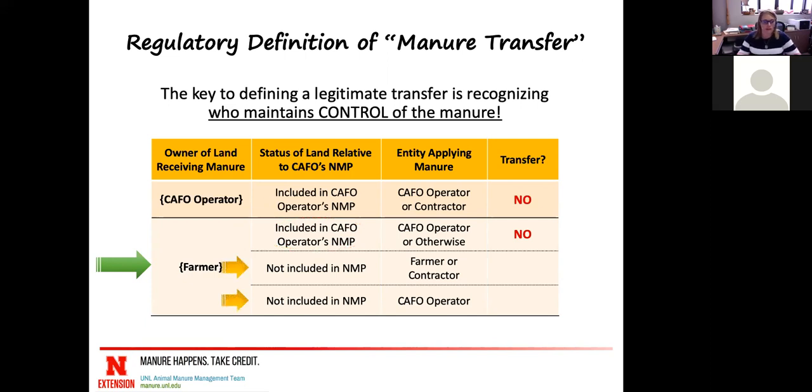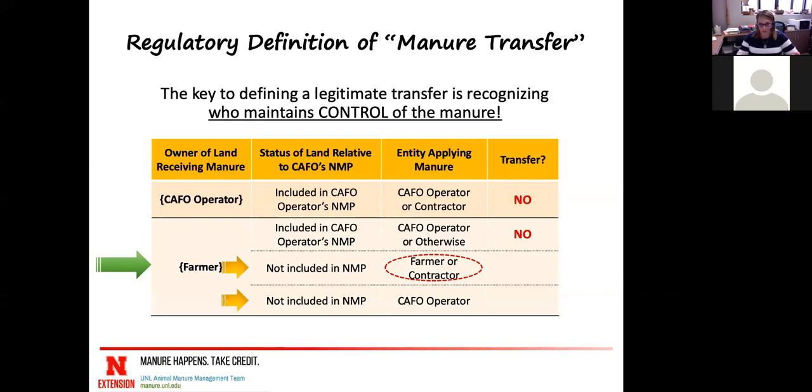If instead we have a farmer who is using manure from a CAFO on their cropland, and that land is not currently part of the livestock operation's nutrient management plan, then we have a couple different scenarios we can think about. One is that the entity that's applying that manure is the farmer who's accepting it, or a contractor that's been hired by the farmer.